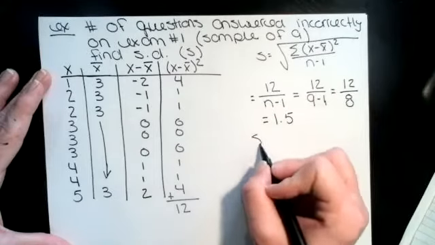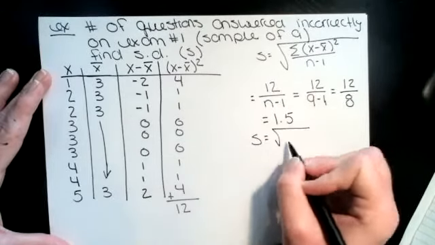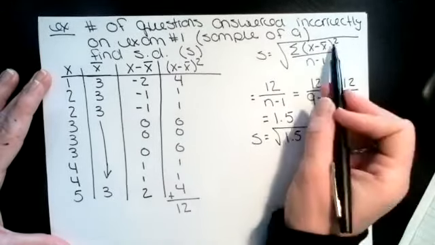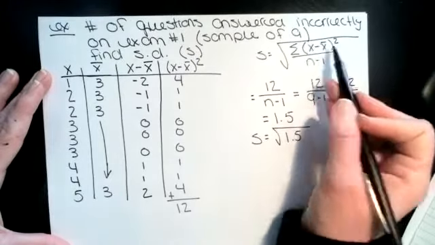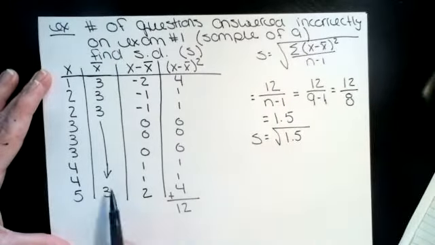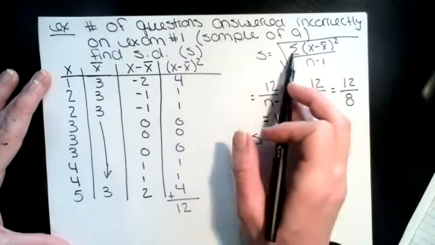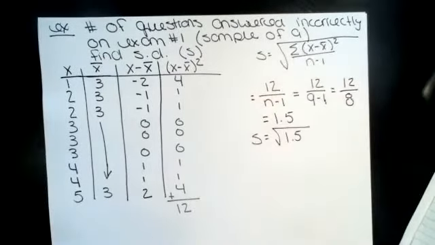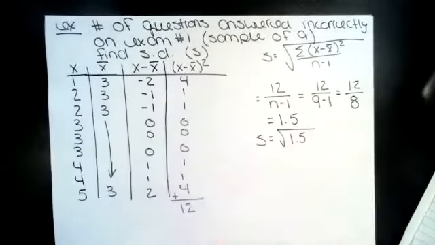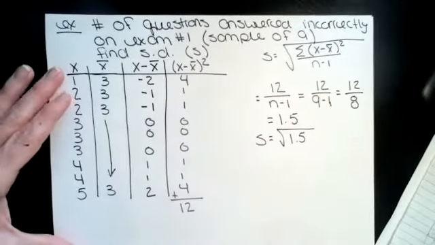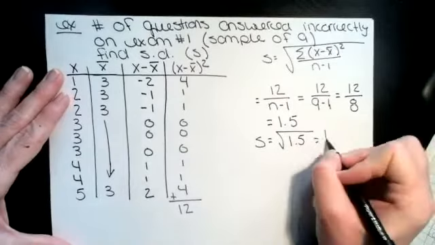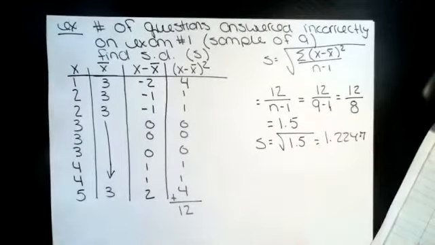And now for S, I need to take the square root of 1.5. So 1.5 was all of this under the square root. Once I get through this big chart, I just get a number, 12. It's like that whole numerator, and it's very simple from there. But this calculation could look very overwhelming for some people. So here I get 1.2247 for my standard deviation.